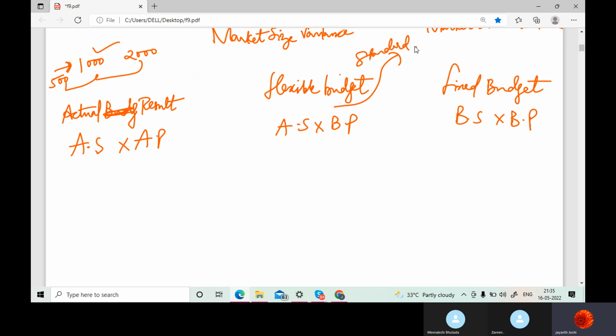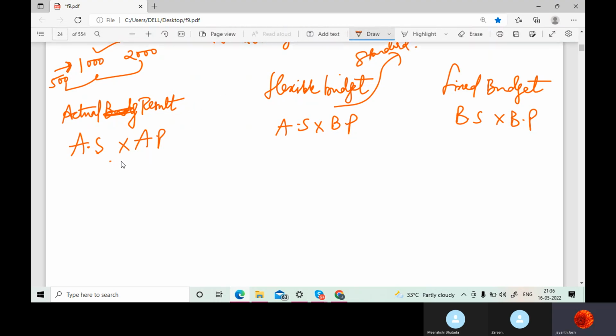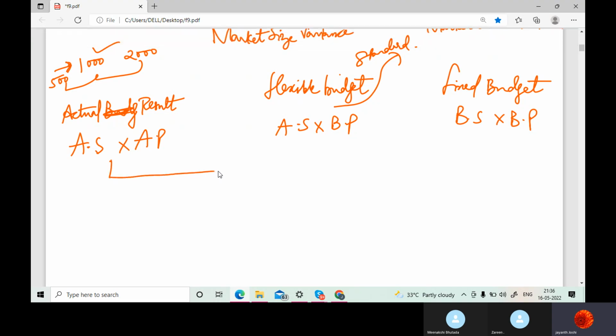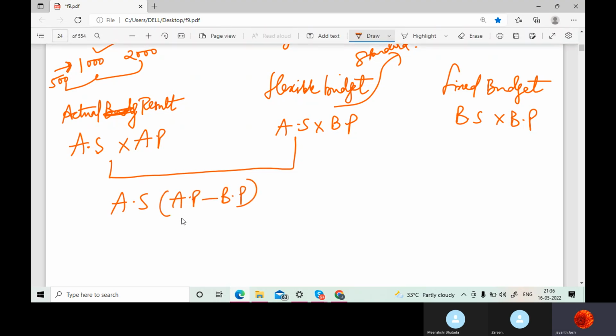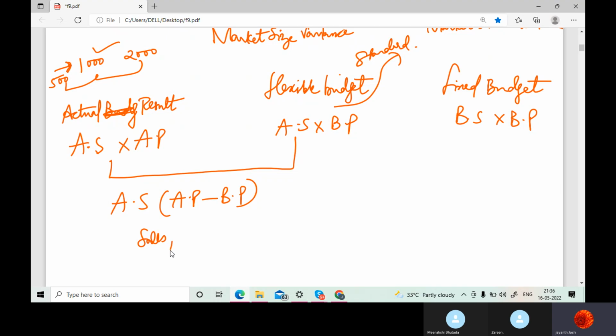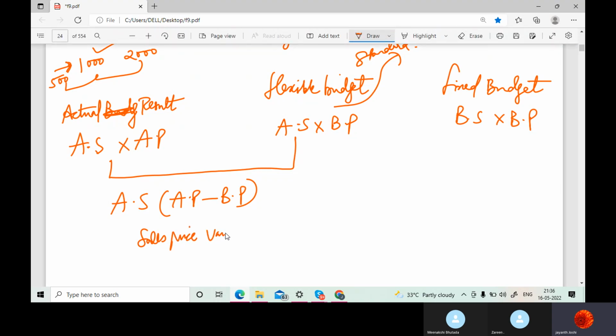Don't get confused, you can use standard also, there's no problem. Here, actual sales will be common. So with actual sales common, take actual price minus budgeted price. This is called sales price variance.